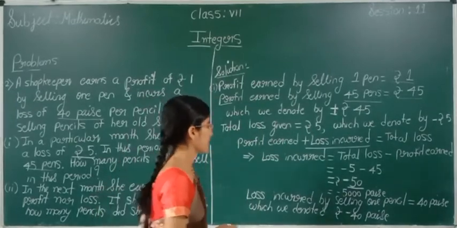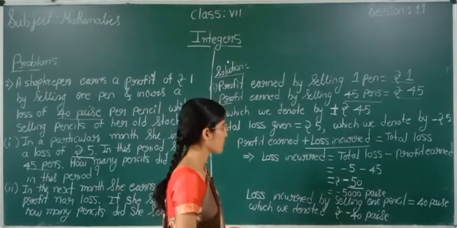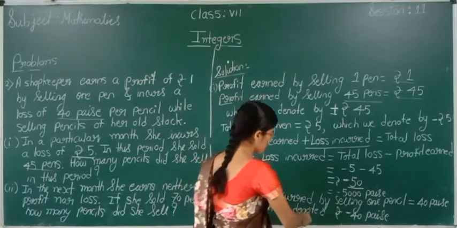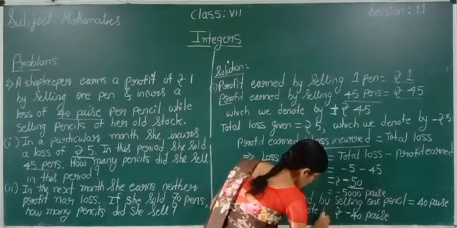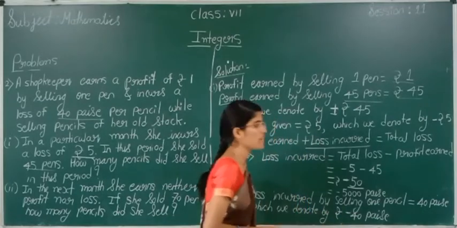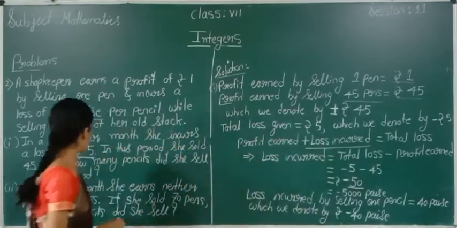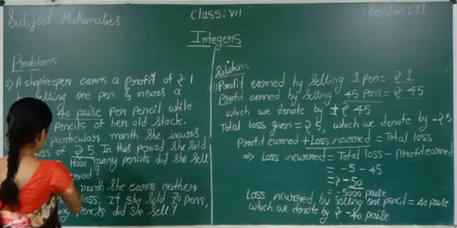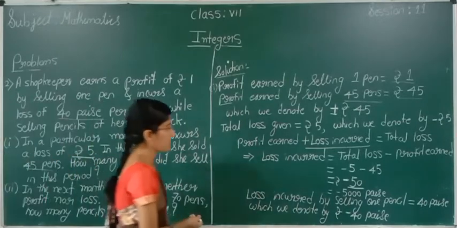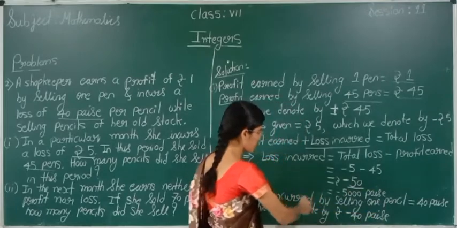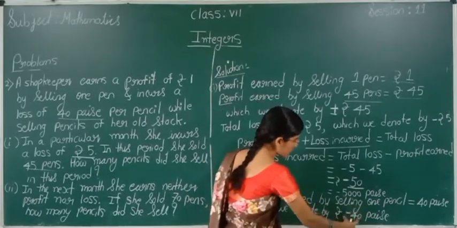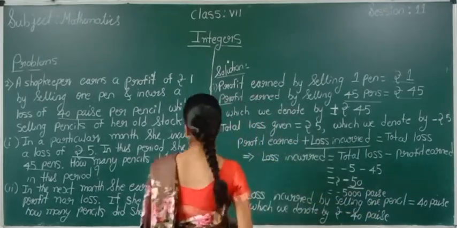Loss incurred by selling one pencil is equal to 40 paise, which we denote by minus 40 paise. Now what we have to calculate? How many pencils did she sell in this period? What we have to do? Loss incurred divided by loss incurred by selling one pencil we have to do here.